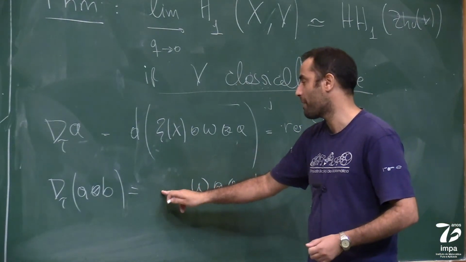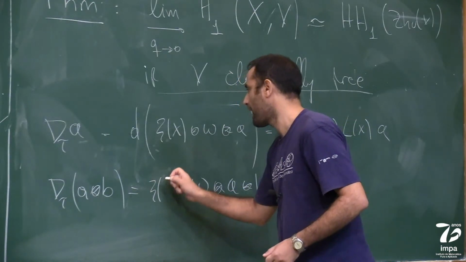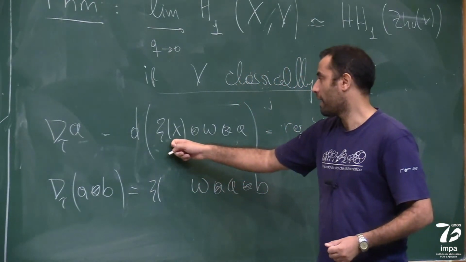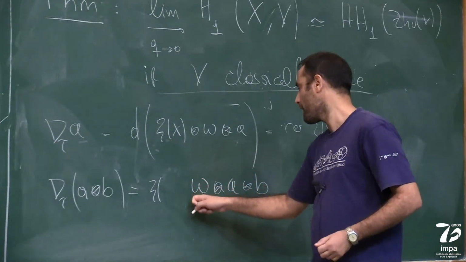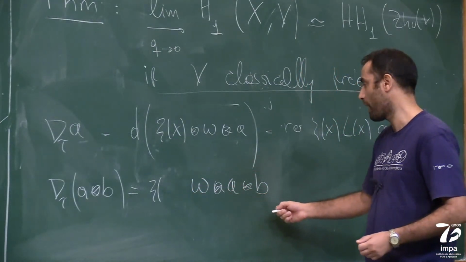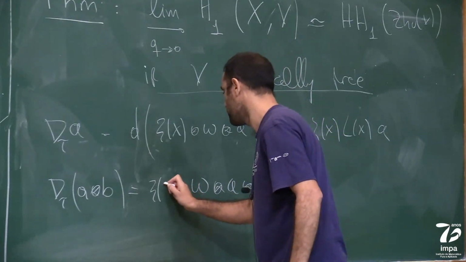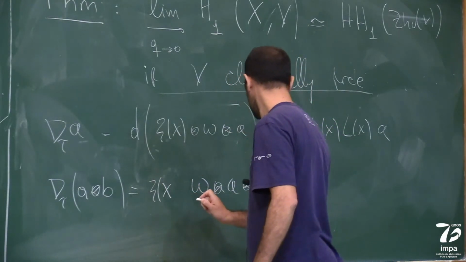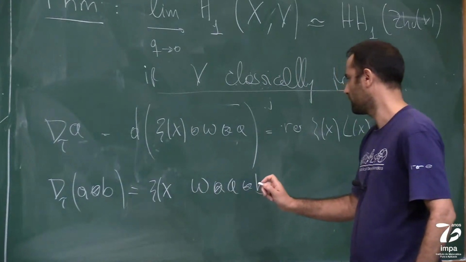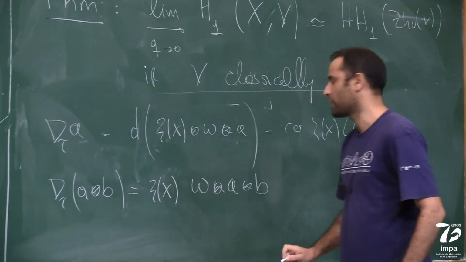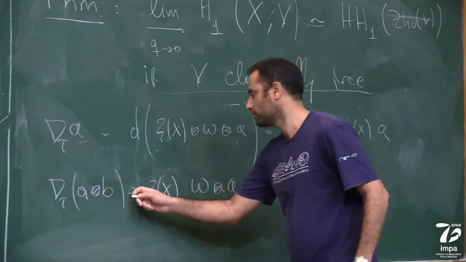Here I am allowing functions that have a residue at x equal to y, x equal to 0, or y equal to 0. So here, what you do is you put x, and you take d of that.